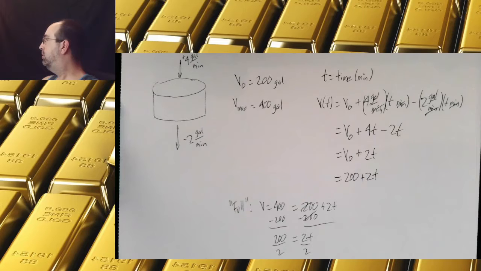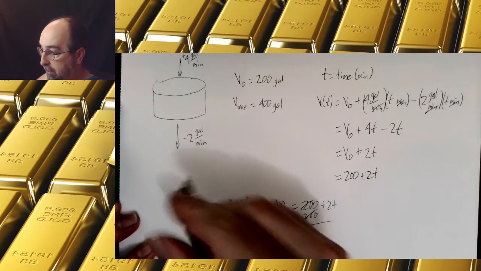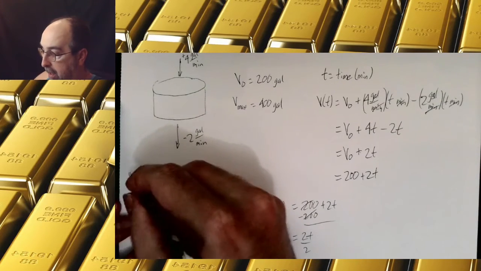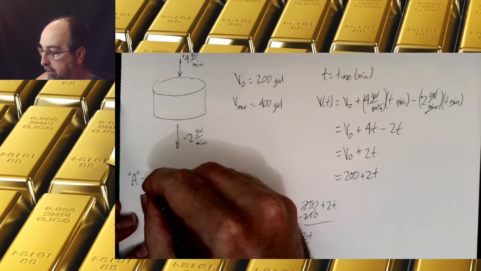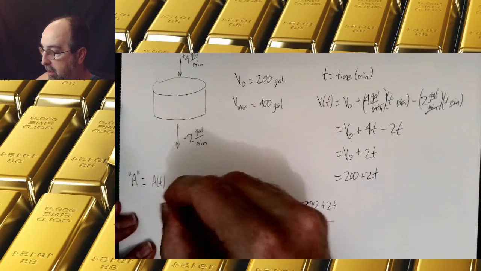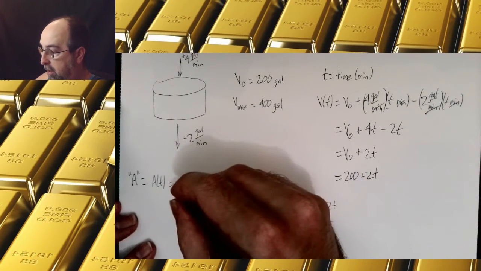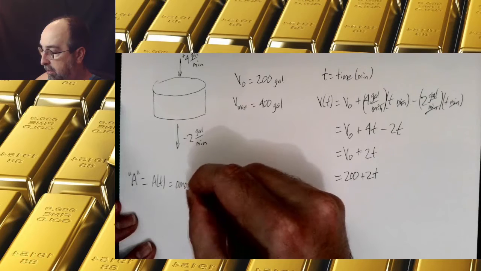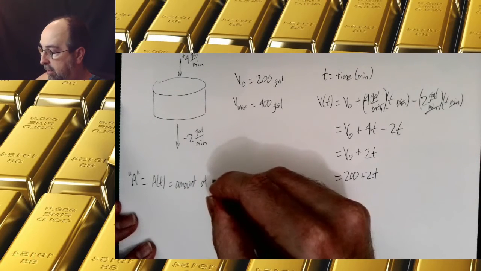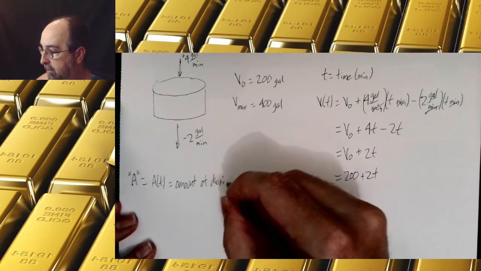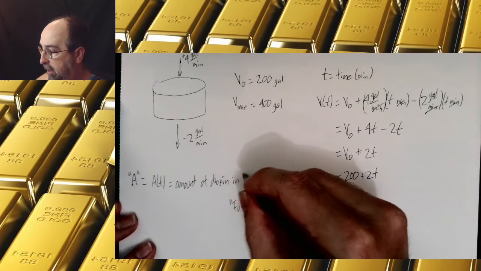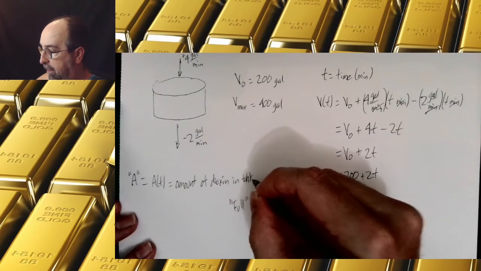What we'll do is we'll try to express the amount of dioxin in the tank as A for amount. A actually means A of T, and that'll be the amount of dioxin in the tank.